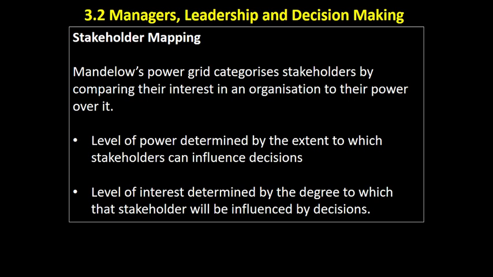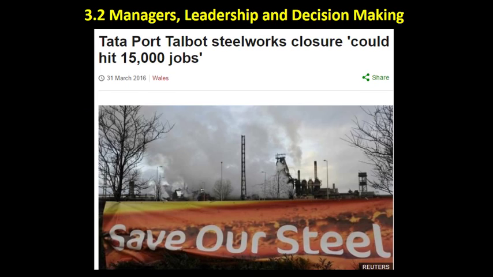The level of power axis is determined by the extent to which a stakeholder can influence the decisions that a company makes, and the level of interest is determined by the degree to which stakeholders will be influenced by those decisions. So it may be best to look at this in the context of an actual real-life business scenario.